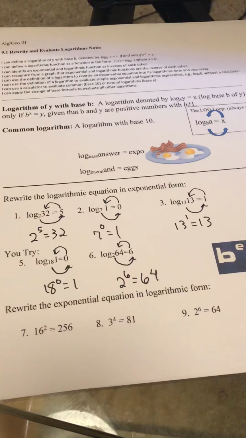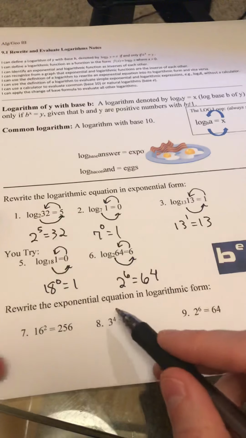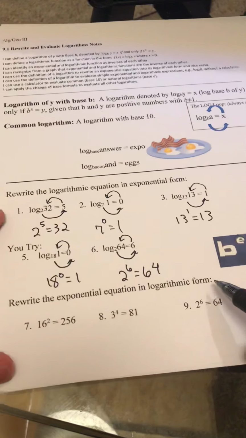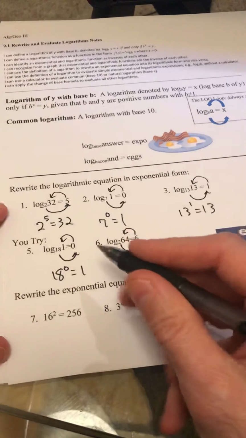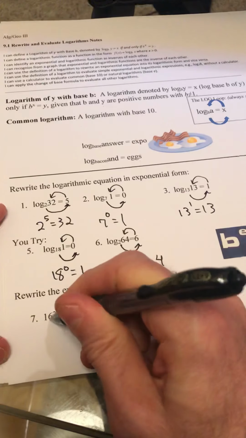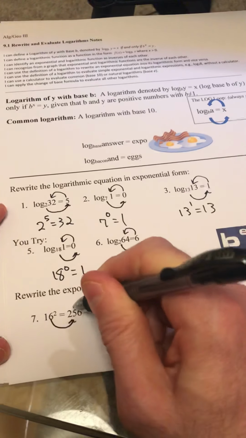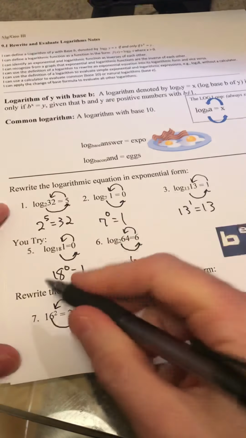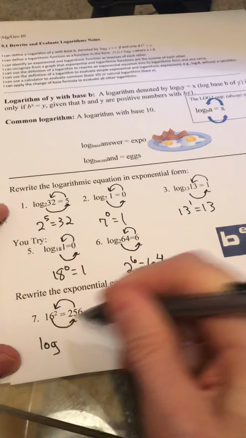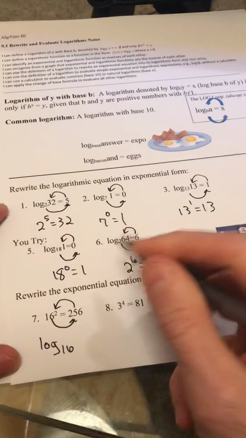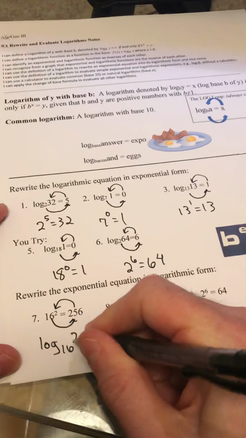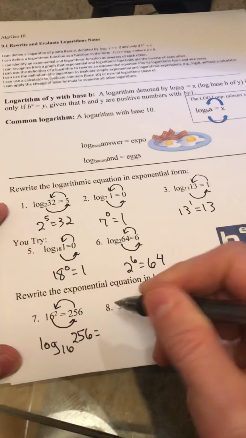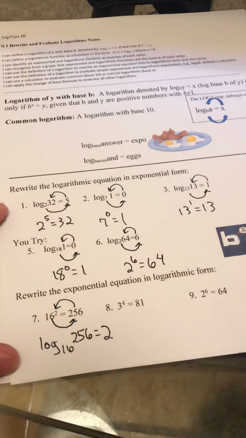Now, once again, you can do the same thing going from exponential back to logarithmic. Again, we can set up a loop. You always start with your base. So log base 16 of 256 equals 2.